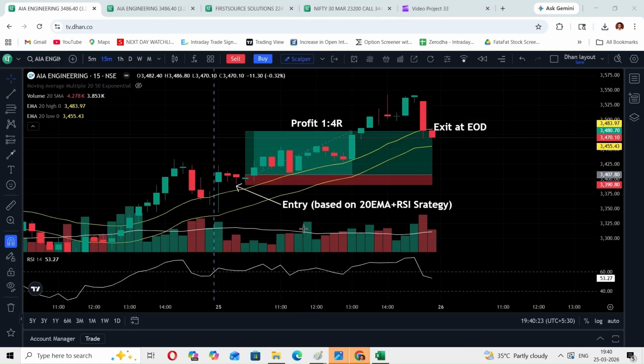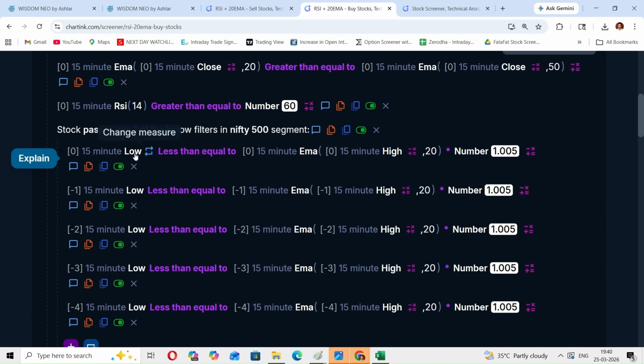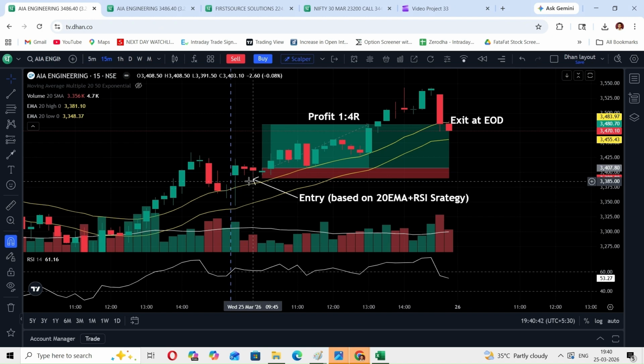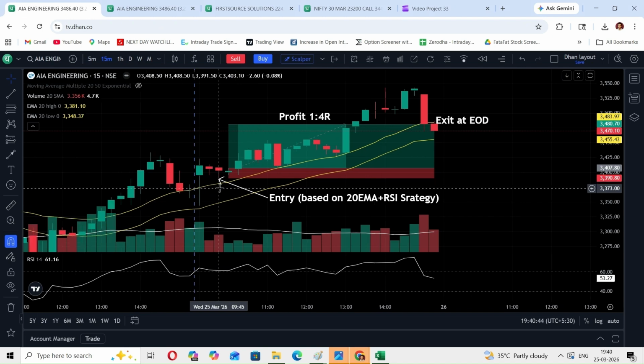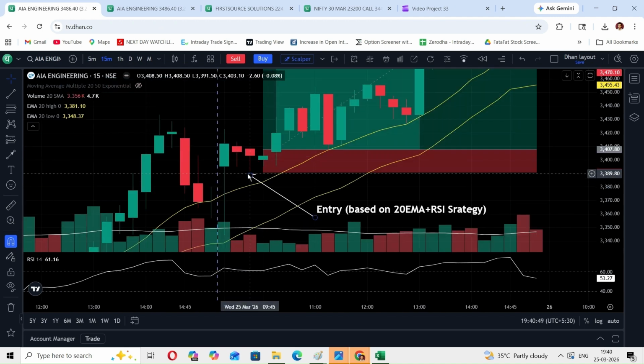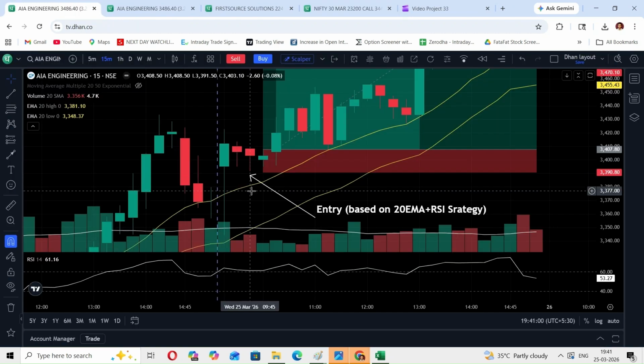See here, this is the 20 EMA channel. On this 20 EMA channel, this one is the 20 EMA high, right? So what is our condition? This 15-minute low should be less than the high of the 20 EMA channel times 0.5%. The 20 EMA channel high is 3381.